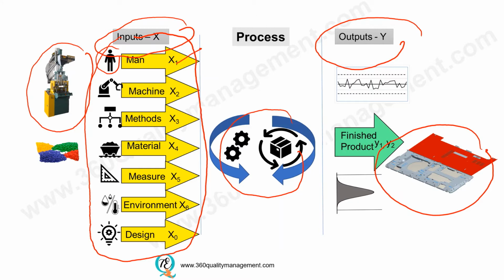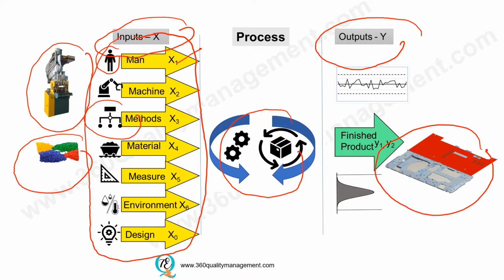The methods, the work instruction that is used, should be easy to understand and follow. The materials, the plastic pellets that are used, should be from a well-qualified approved vendor with a good supplier quality management system.